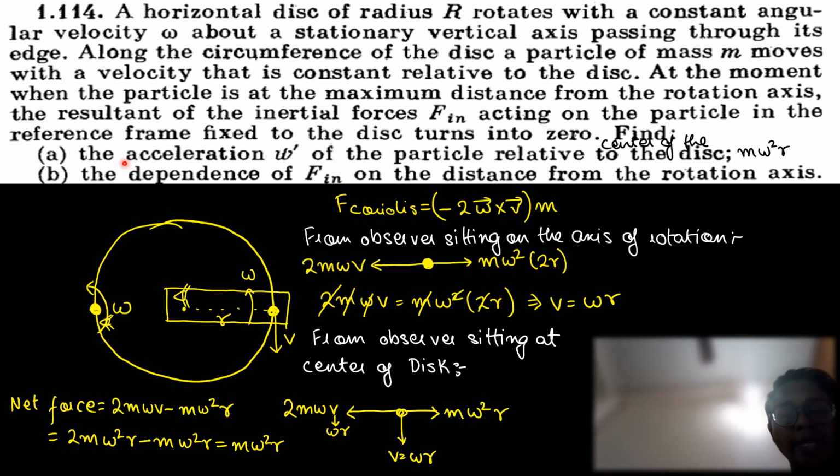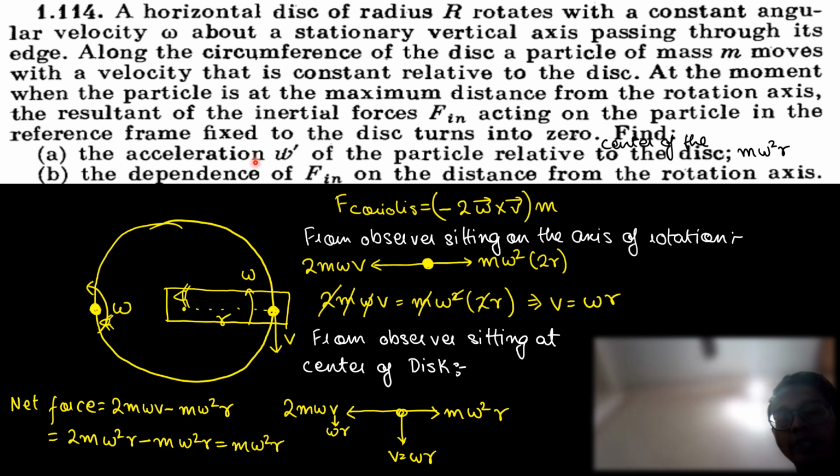Now the second part of the question is, find the dependence of inertial force on the distance from the rotation axis. That means if the particle was, instead of being situated out here, out here, or out here, moving tangentially with velocity v, wherever the particle was, how does the total force behave? Will this force get cancelled, or will there be a net force?